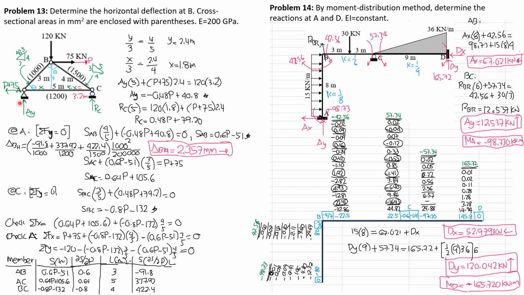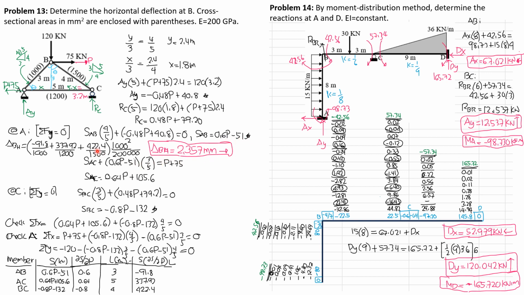Then summation forces x, of course, this is P plus 75 leftward, opposite to this. Beginning at A, summation forces y equals 0. Vertical component of SAB is SAB times 4 over 5, which is this. Then plus AY, which is negative 0.48P plus 40.8, equals 0. So SAB therefore is 0.6P minus 51.